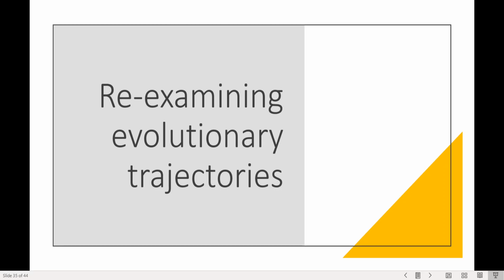Our actions also transform the environment, and therefore the environment becomes another important source of evolutionary pressures that is being shaped through our actions. So we need to look at genes, we need to look at culture, we need to look at the niches, so the environmental niches within which we are operating.